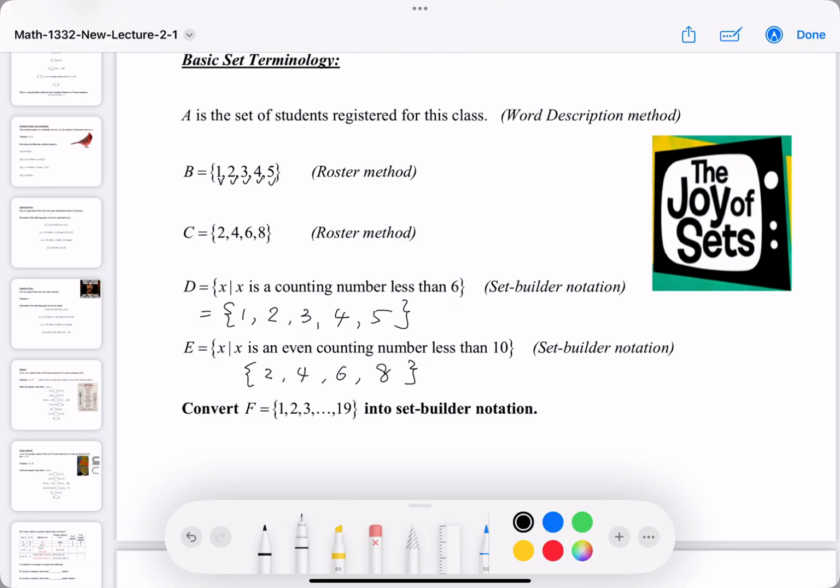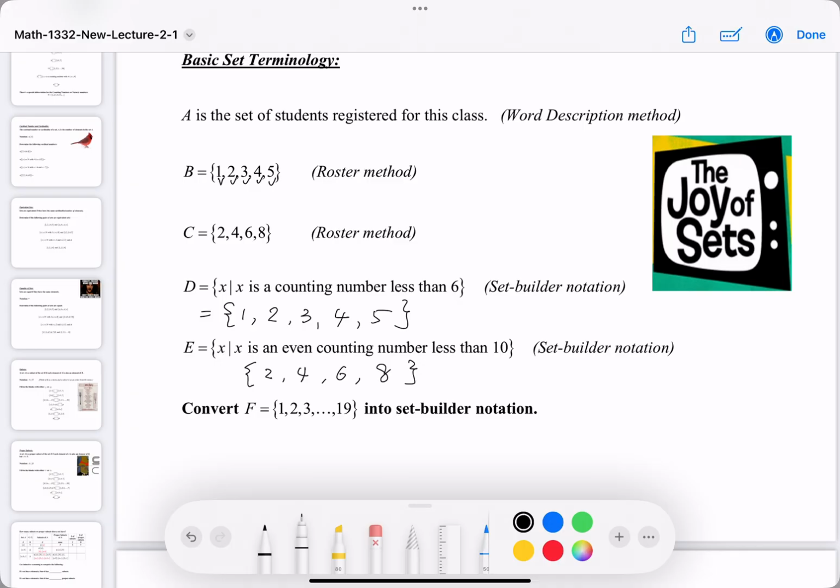Next one, let's convert the roster method to set builder notation. F is, the elements are 1, 2, 3, 4, 5, 6, they are counting numbers up to 19.